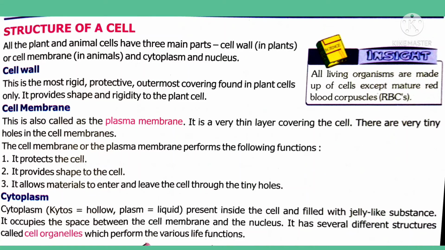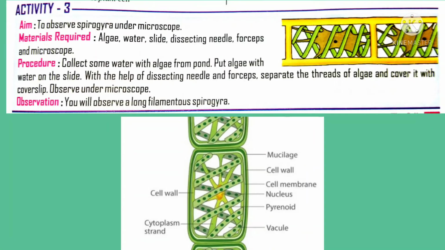Activity 3 is observing spirogyra under a microscope. Spirogyra is a green algae. When we collect spirogyra, that is algae, from the pond, and put it on the slide, and with the help of forceps, separate the threads of algae and cover them with a cover slip and observe under the microscope, we can observe a long filamentous spirogyra with its own specific structure.